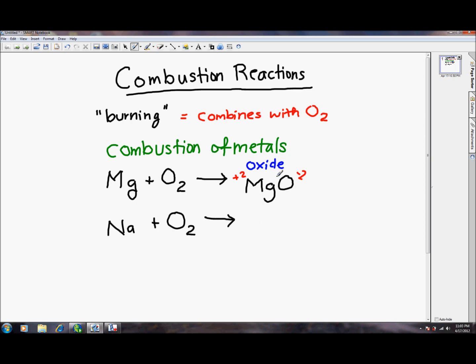We're going to make the oxide of the metal, so we're going to make sodium oxide. It's a simple ionic compound made of sodium and oxygen. The oxidation number of sodium when it becomes an ion is positive 1. Oxide is negative 2. So it's Na2O.